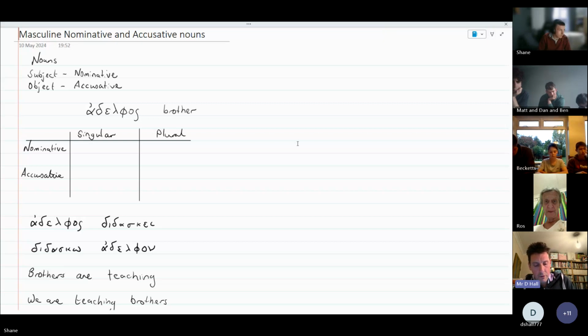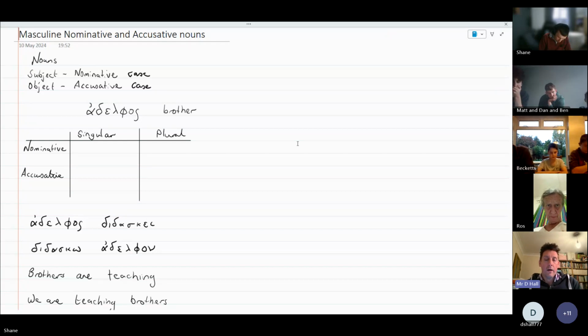The nominative case is really talking about the subject of a sentence, and the accusative is another case. We'll talk about cases and I'll bring them up at some other point. But for the moment, in a basic sentence, the subject in Greek we'll talk about as the nominative, and the object of our sentence is going to be known as the accusative.